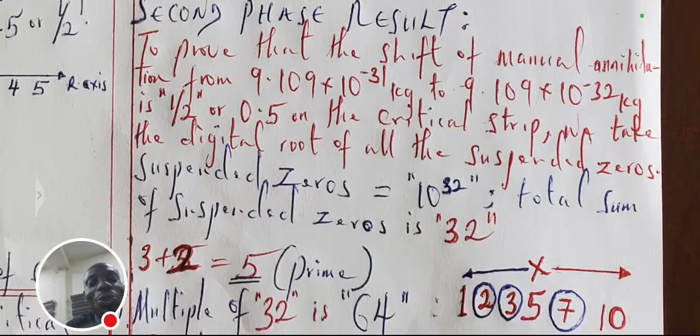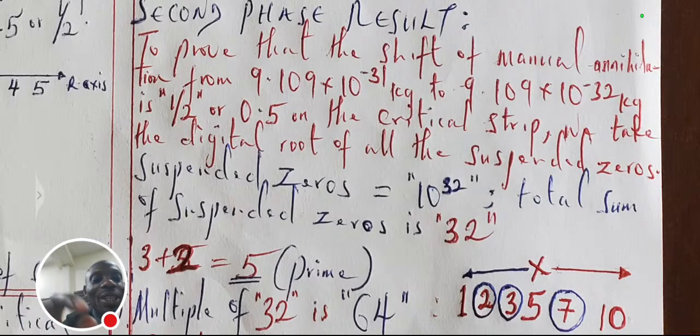So now what do we do? The suspended zeros, we have them in the form of 10 raised to power 32. So definitely the totality of the sum of the zeros will be 32. Now this 32 that we have is far more than the 10 trillion that the computer generated, and all of them were found on that critical strip.